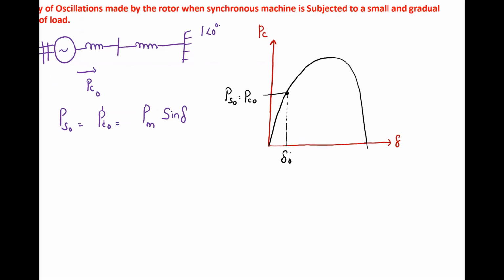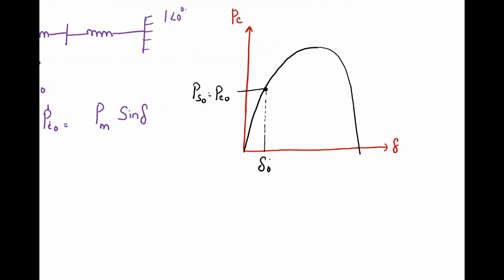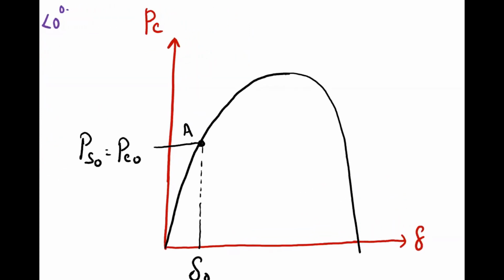So the machine is stably operating at this point A. So PS naught equals PE naught equals PM sin delta naught, where PM is the peak value. Understand? PM is nothing but the steady state stability limit.